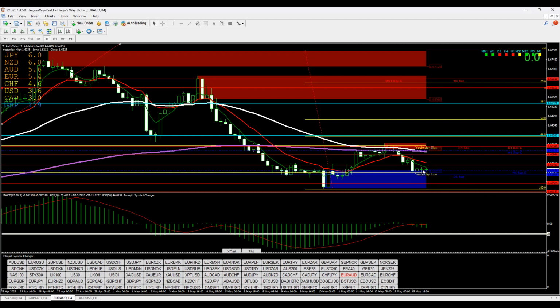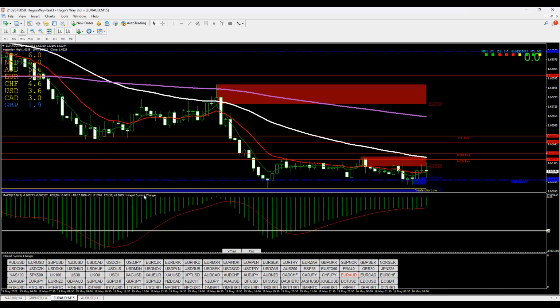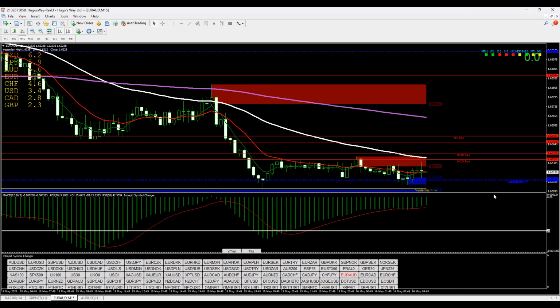Now, because the volume is low, I might not have an idea about if this is going up unless I drop down to 15 minutes. The 15 minute is in consolidation, still trending in a sell. And here's the 50, downward movement here on the 200.